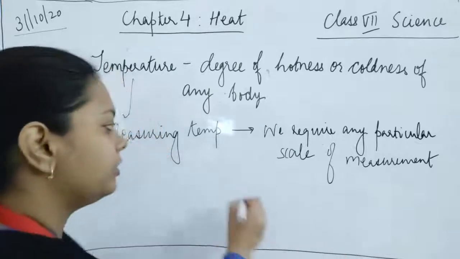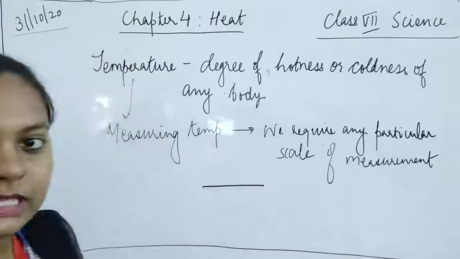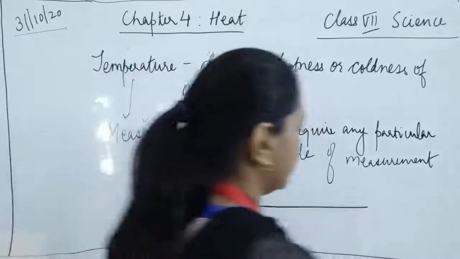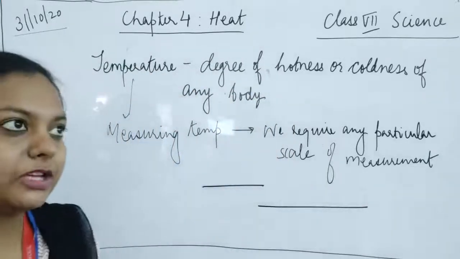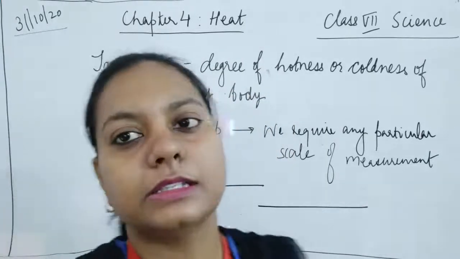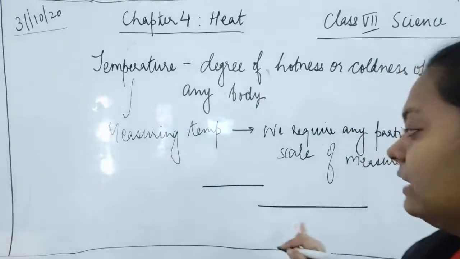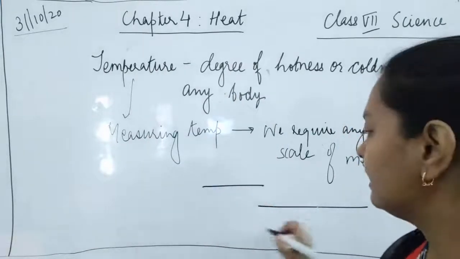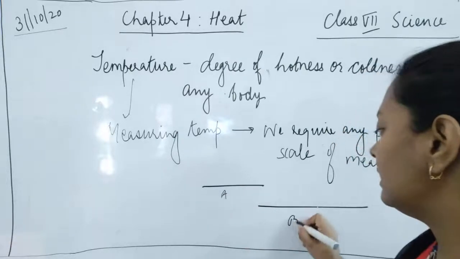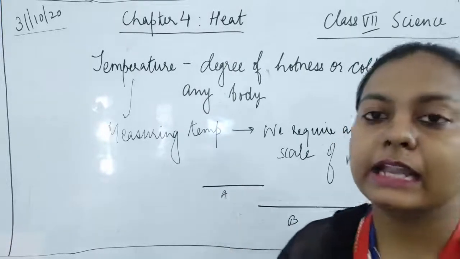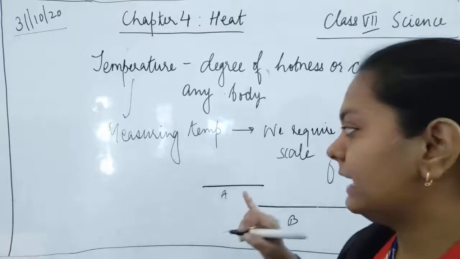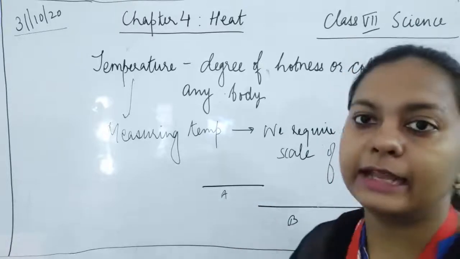If I draw a line, this and this line, and I say measure this, which one is longer, which one is shorter? By looking at it, you will say that line B is longer than line A, or line A is shorter than line B.